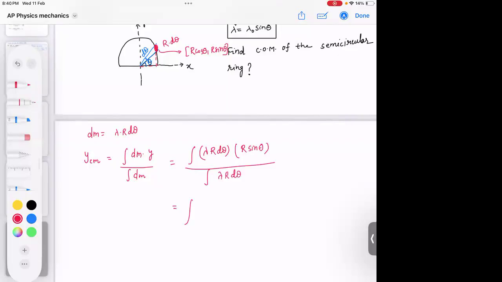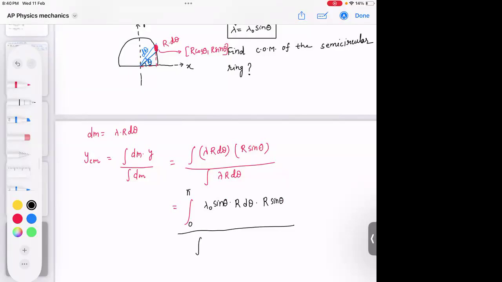Dm means lambda r d theta, and y is r sine theta. As per the question, lambda is given as lambda naught sine theta, so the numerator is lambda naught sine theta into r d theta into r sine theta. The integration will go from 0 to pi.